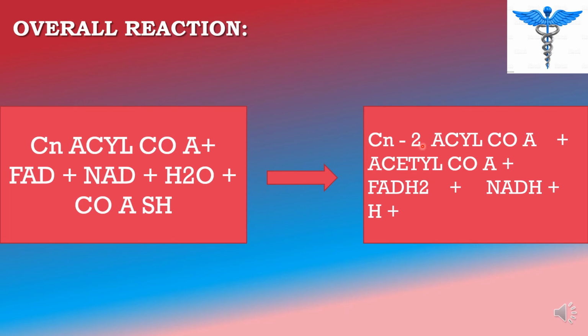The product we will get is acyl coenzyme A, which will have 2 carbons less than the original one, because these 2 carbons are now in the form of acetyl coenzyme A, which we get as a product, and FADH2, which is the reduced form of FAD, and NADH, which is the reduced form of NAD, with a hydrogen ion.